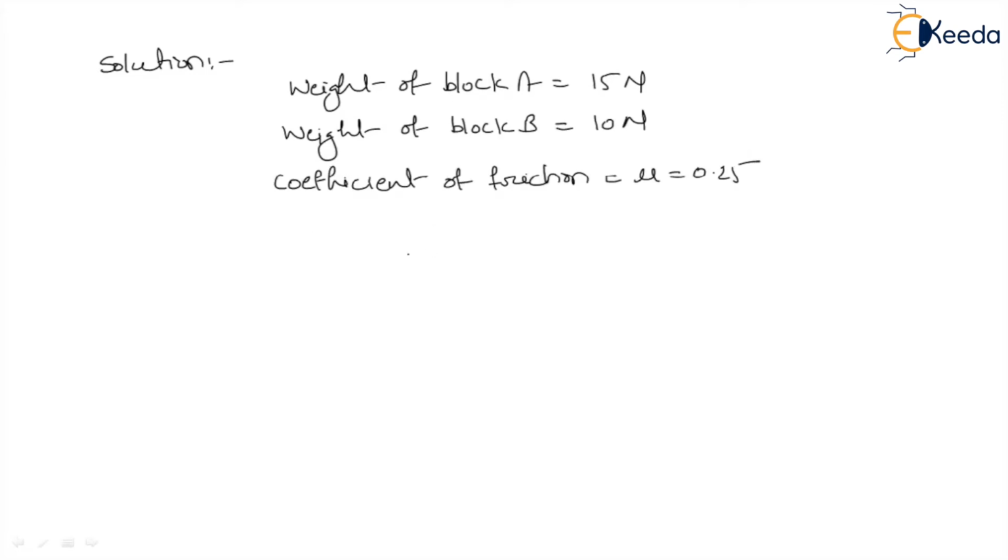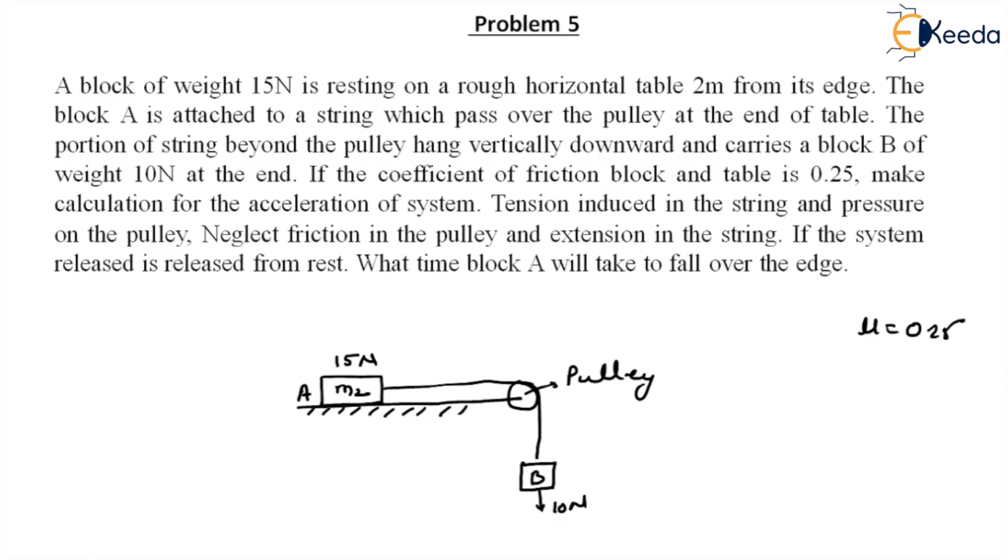So these are the given terms we have. Now we have to first define the acceleration. Here we have to calculate the acceleration of the system, then tension induced in the string and pressure on the pulley. So let's start with the acceleration. We have the equation of the acceleration.